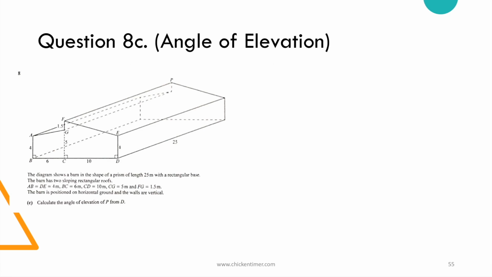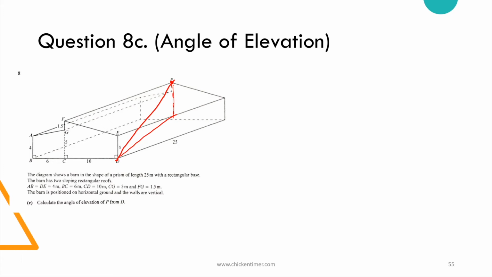So now we have the same question again. Then we are supposed to find the angle of elevation of P from D. So what happens is you make this triangle out from that diagram.